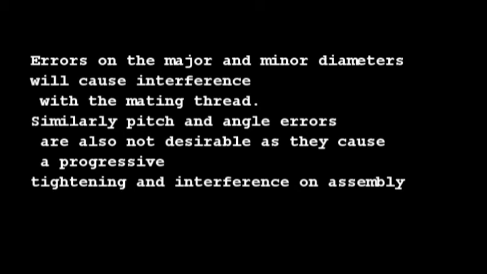Errors in pitch and errors in thread angle will result in progressive tightening and interference on assembly. Errors in pitch may include progressive error, drunken error, periodic error, or irregular errors.